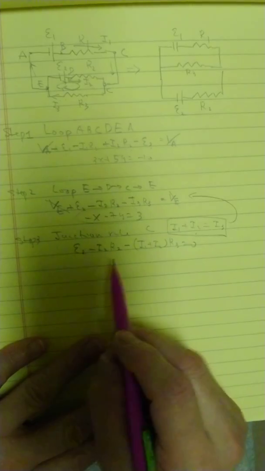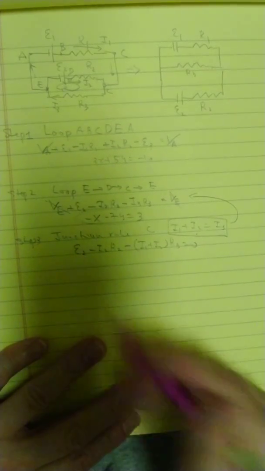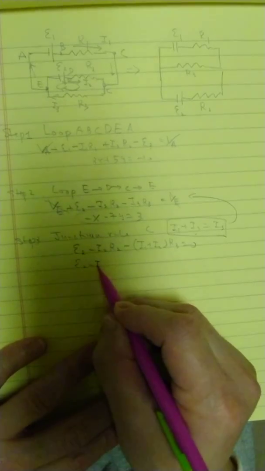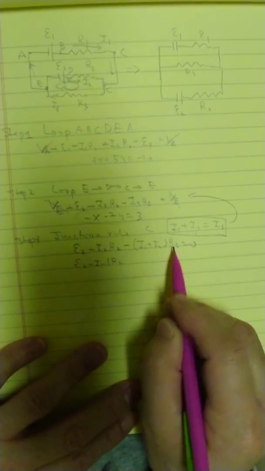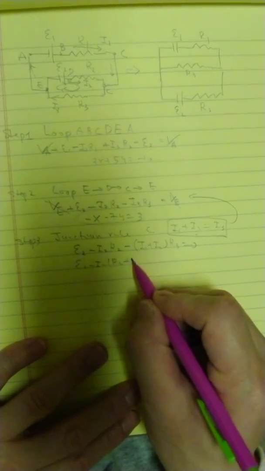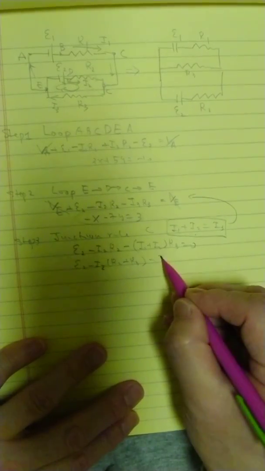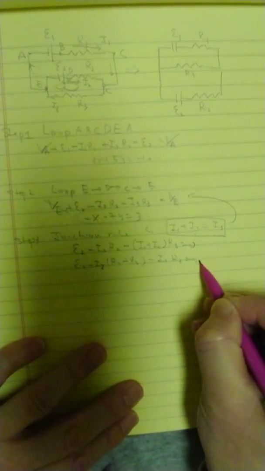Now you want to make sure the coefficients of I2 combine with each other. Remember you have a negative R3 and a negative R2, so they combine with R3 I2. So this is I2 minus I1, R3 equals 0.